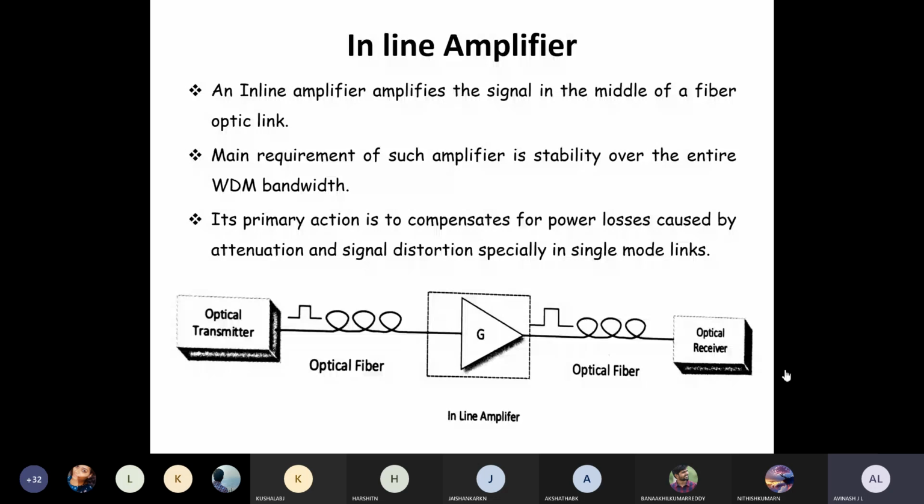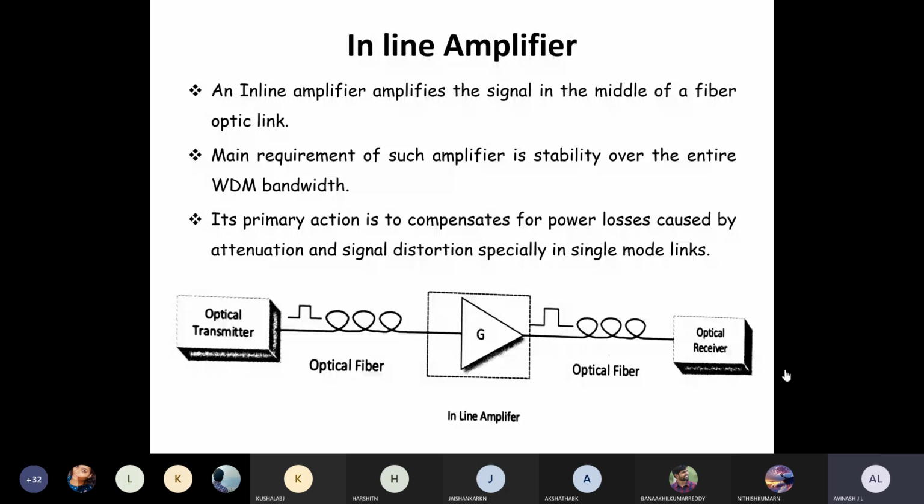Single mode means only one optical fiber in one cable, so only one signal is passing through the fiber. At that time there may be a very high rate of attenuation and signal distortion. In order to avoid that, we are going to use the inline amplifier.